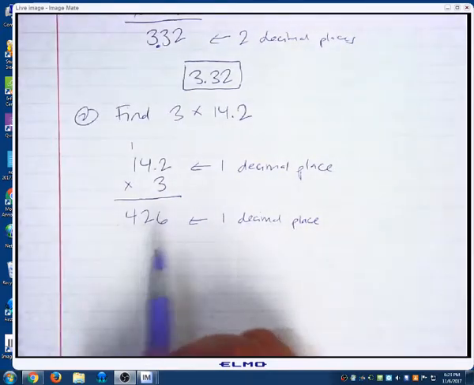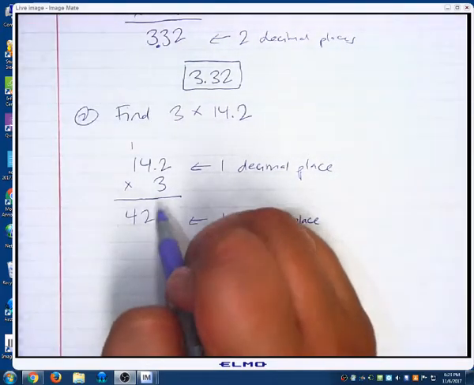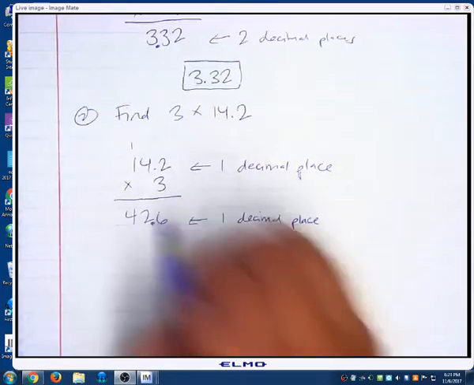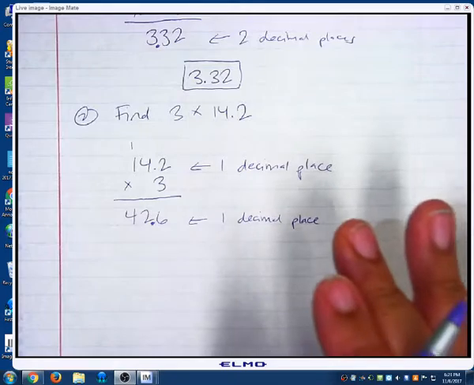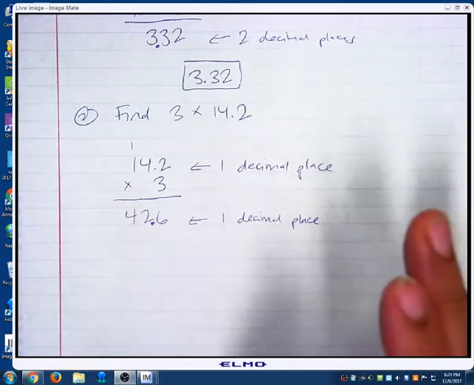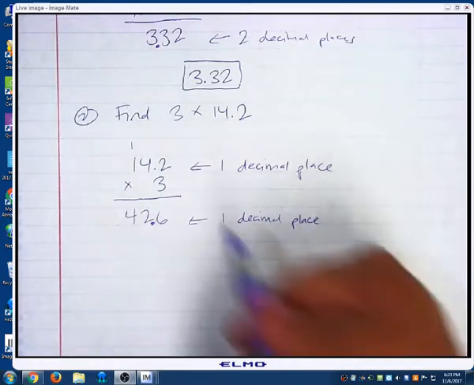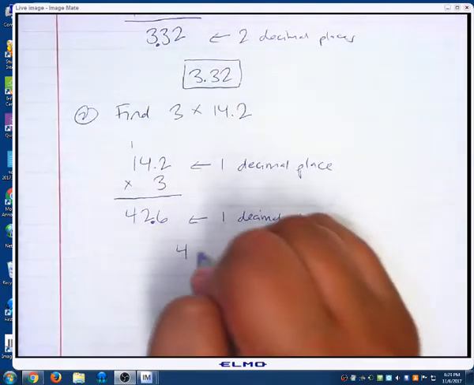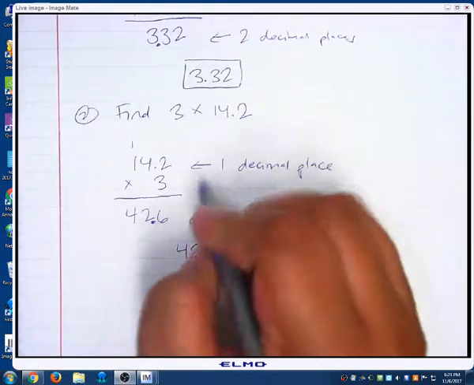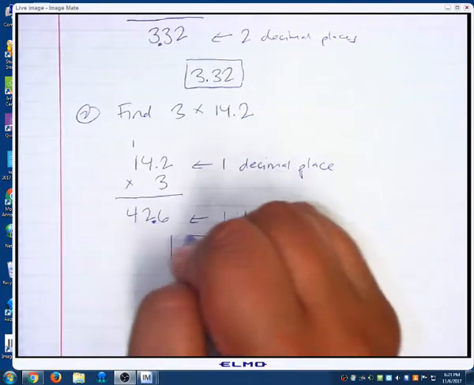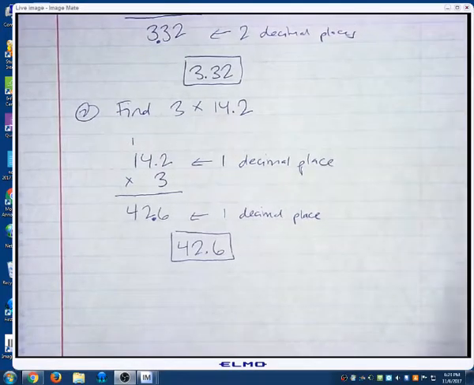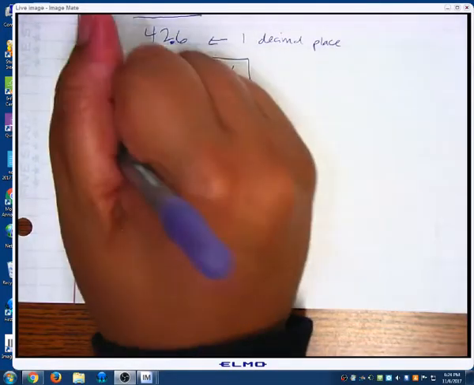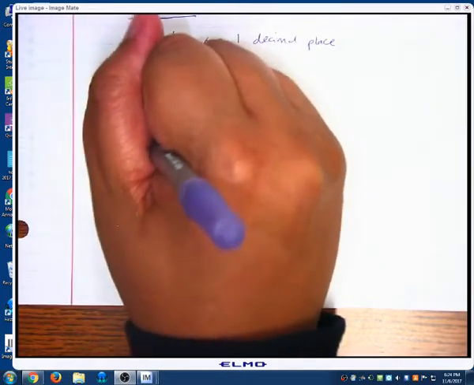So 1 decimal place would put the decimal point right here. And it's 14.2 times 3. It should be about 42, right? So 42.6 is definitely reasonable. So my answer is 42.6.